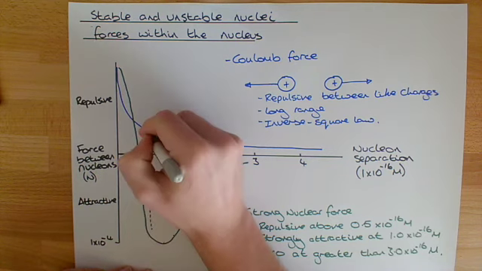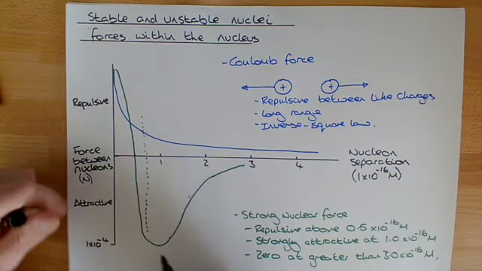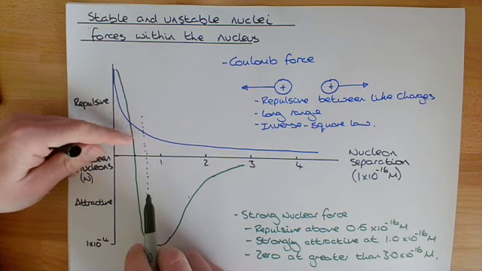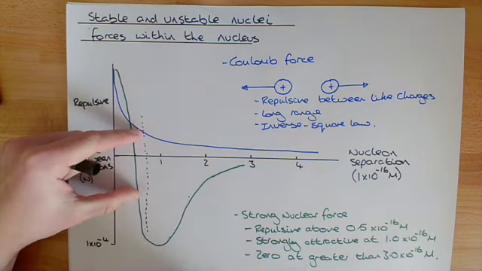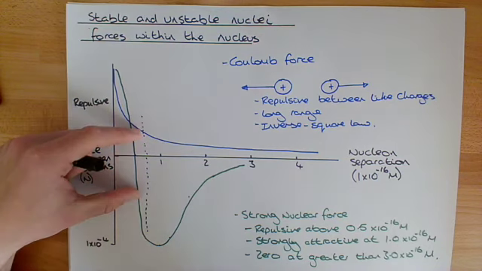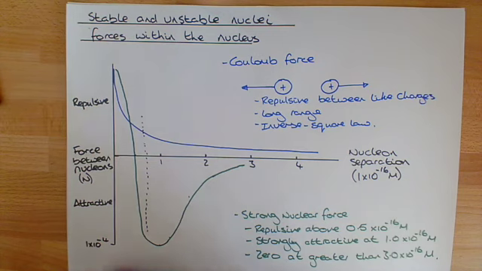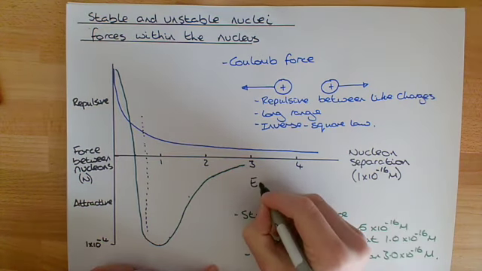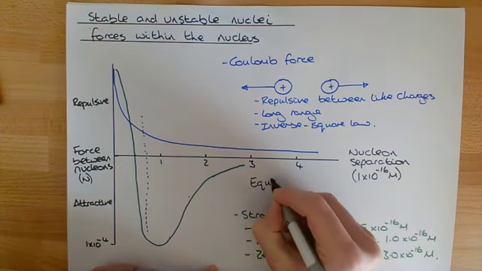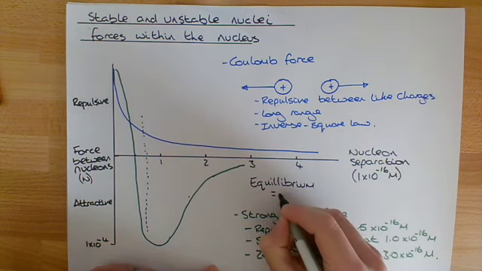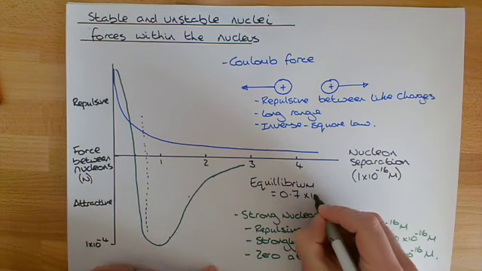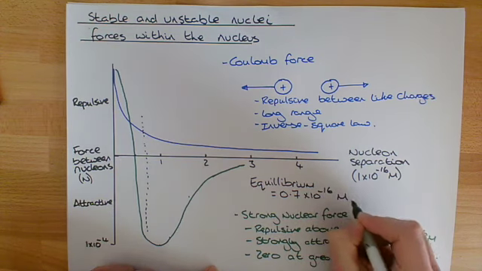If I draw that line there, we can see that roughly speaking, the Coulomb force is about equal to the strong nuclear force. And that is in equilibrium at about 0.7 times 10 to the minus 16 meters.